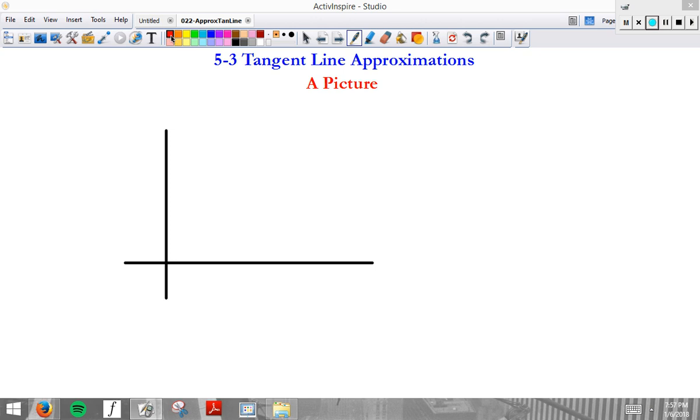Here we go. So in the good old days, we would have a function, let's say f. That'll be our function f of x. And we can pick a point on f right here, doesn't matter where. And we could even make a tangent line to f at that point.